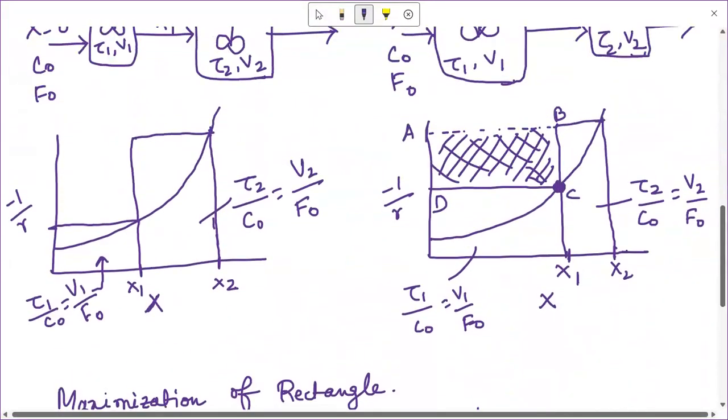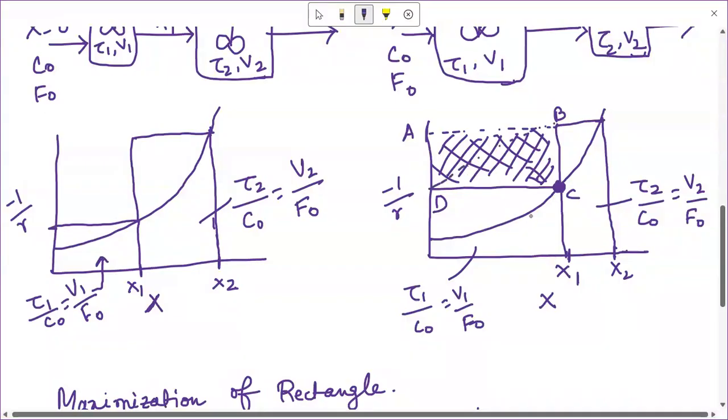Let me relate it to this figure. What I just said is that the optimum size ratio, or the minimum size requirement of the two reactors, will be achieved when the slope of the rate curve at point C is equal to the diagonal dB.